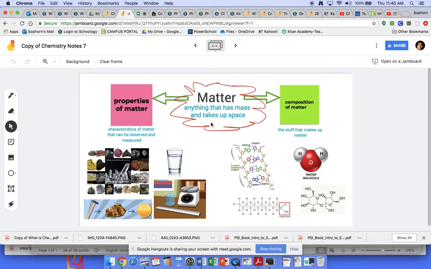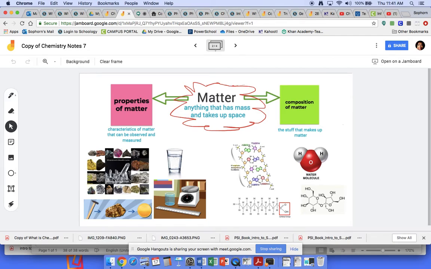Okay? And like I said on the last page, when we study matter, we study the properties of matter and the composition. So properties are characteristics of matter that can be observed and measured. So you can see it, feel it, touch it, smell it, all of that you can observe. You can bend it, things like that.